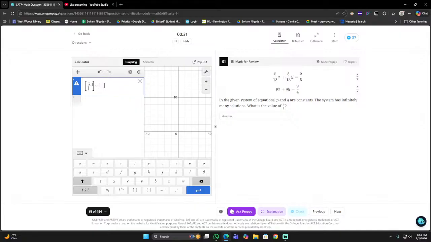Yeah, you can look at Desmos. 13x1 plus 8 over 13 y1 minus 2 over 5. So it all equals 0 now. Set it equal to px1 plus qy1 minus 9 over 4. X1 equals to whatever you want.